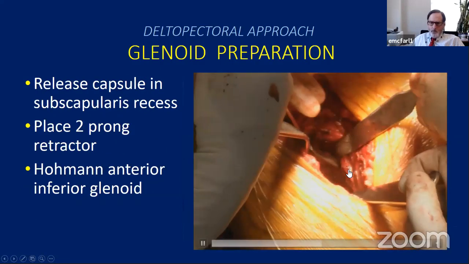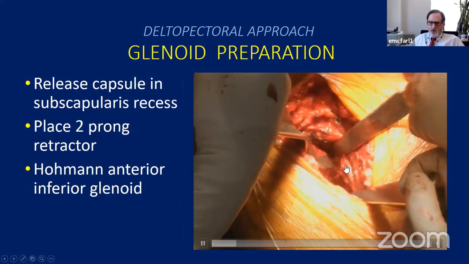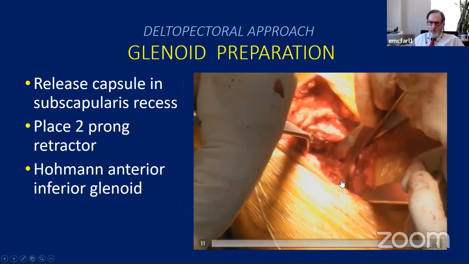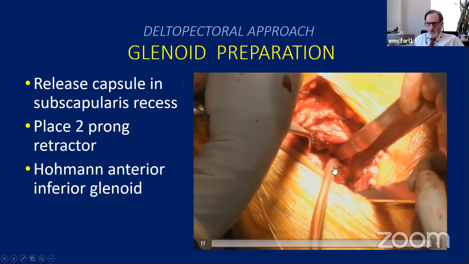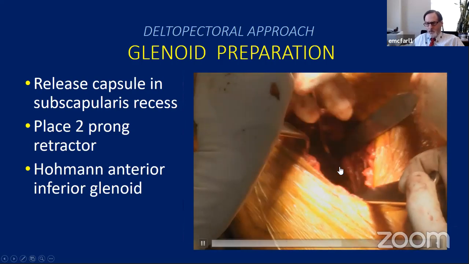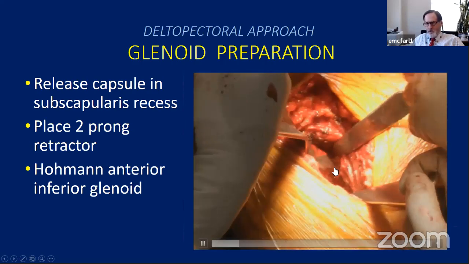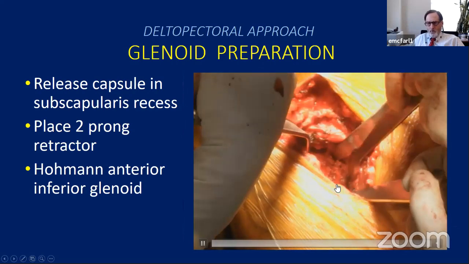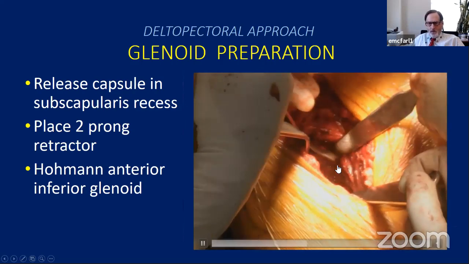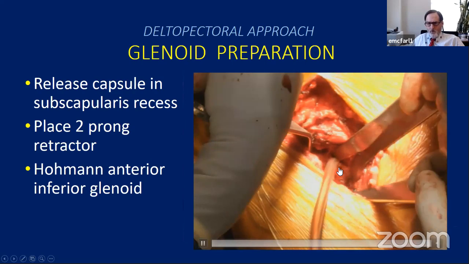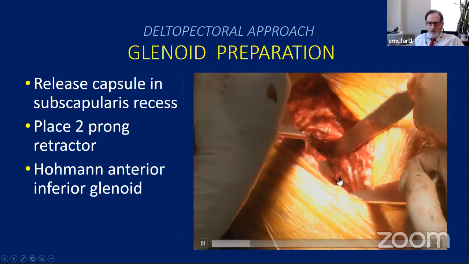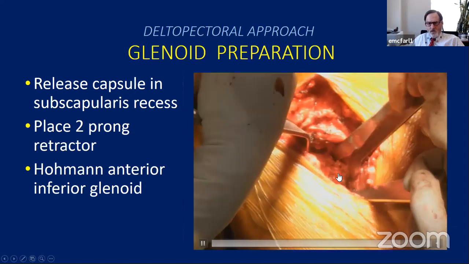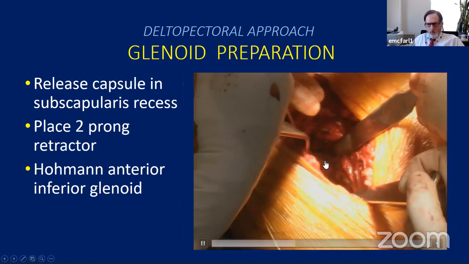Then we put a retractor anteriorly in the subscapularis recess, and we can then remove all the anterior capsule attachment on the glenoid and the labrum. So we remove the labrum circumferentially. I like to use a very sharp tip of Bovie as opposed to the standard Bovie. It cuts faster and it makes it easier to get the labrum out.